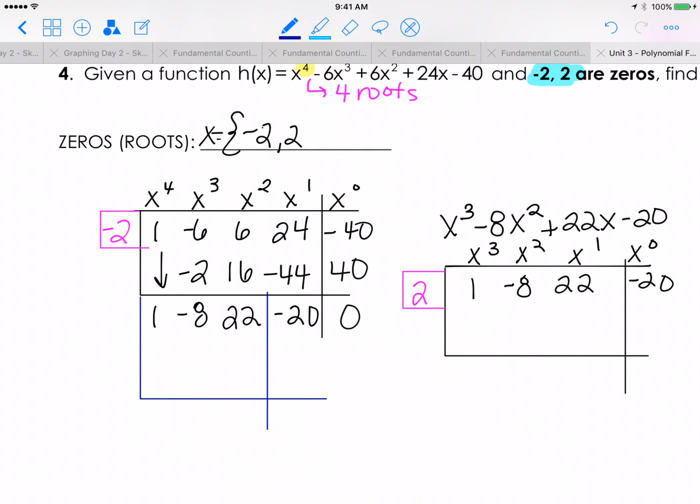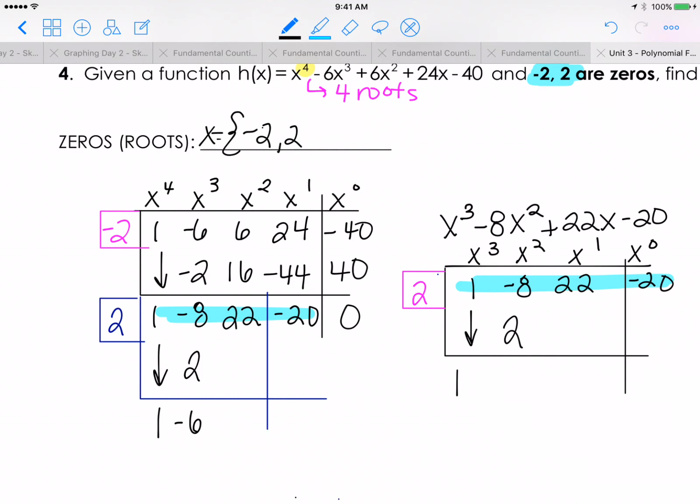So we're going to do synthetic division. Drop down your 1. You see how these numbers are the same? You're going to get the same thing if you do that. I'm going to do them simultaneously. So 2 times 1 is 2. Negative 8 plus 2 is negative 6.